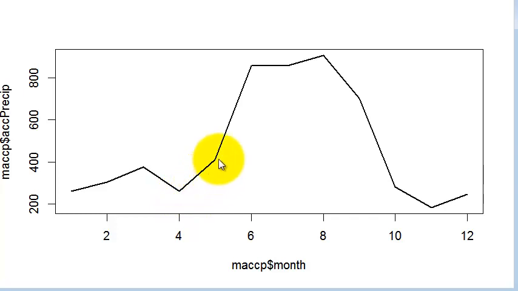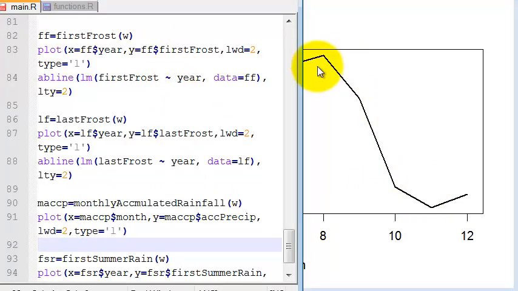And here we still have to analyze the first rain of summer, because after the first rain of summer comes, usually starts a big period of intense rainfall here in Florida. So we can see that it usually happens between May and June, and then after that the rainfall really increases, and then after that it's relatively dry.